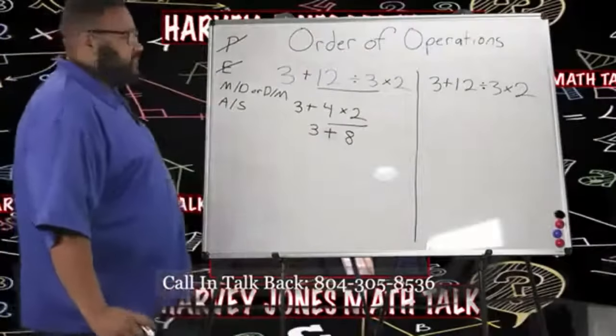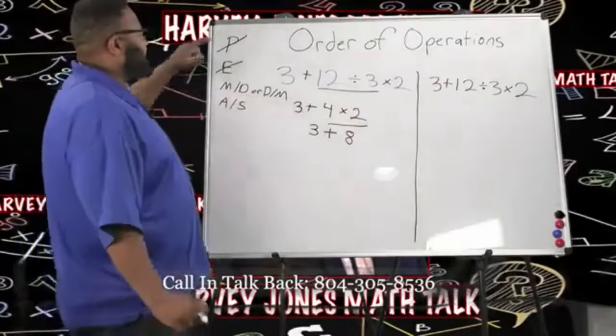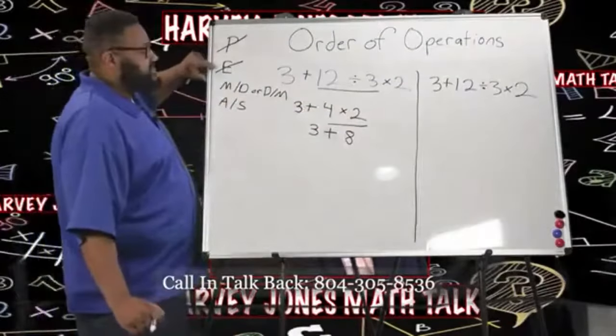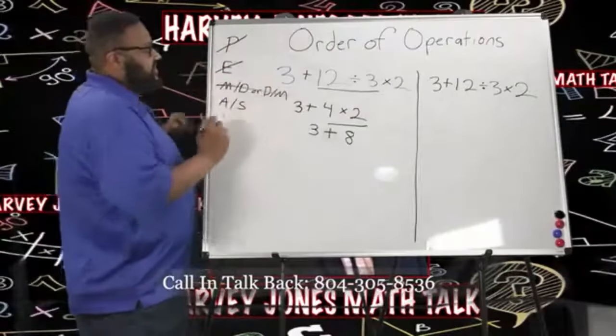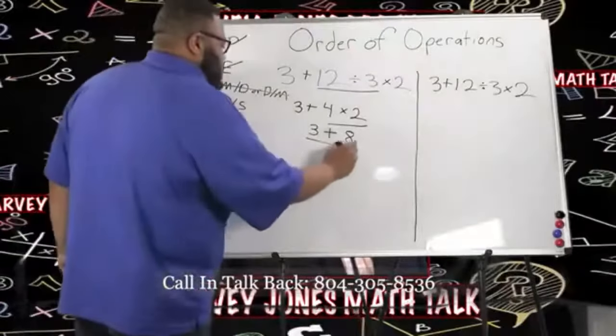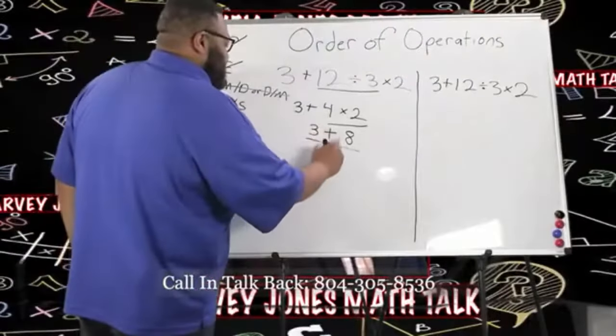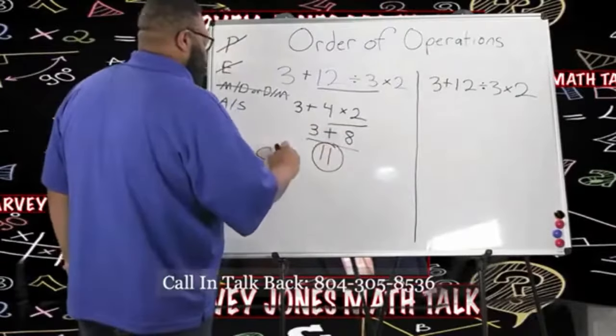Where did the 8 come from? 4 times 2. Is there any parentheses? No. Exponents? No. Multiplication, division, division, multiplication? We're done. What's next? Addition and subtraction. So now I just go 8, 9, 10, 11. This is the correct way.